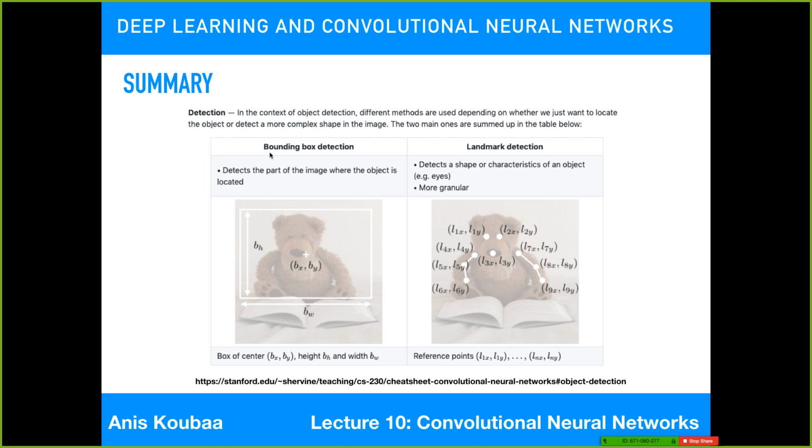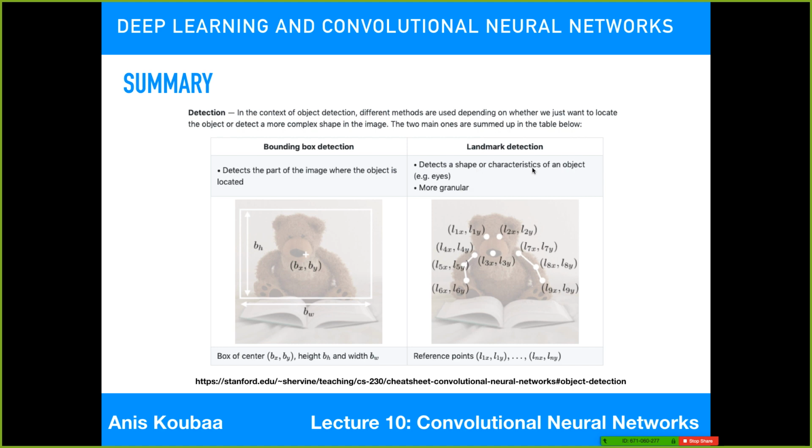Okay, so I have presented the bounding box detection now, but there is also another thing called landmark detection. This is something that we are going to do later on when we talk about face recognition and some other deep learning applications. In some applications, we don't need to pass the whole image into a convolutional network for detection, but try first to identify some features that are points of interest or landmarks.